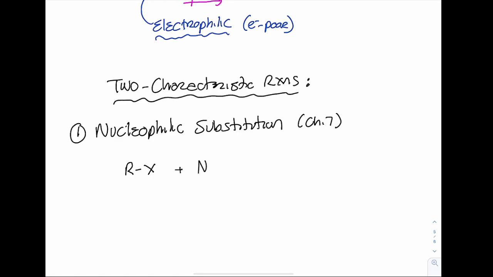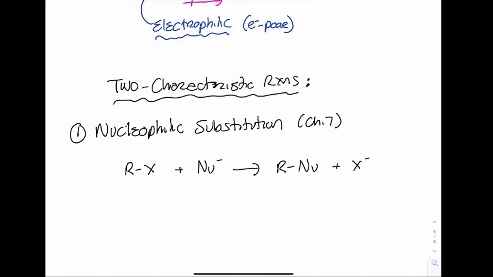I'm going to add some sort of nucleophile to it, and we're going to substitute the halogen for that nucleophile. So I'm going to have a carbon-nucleophile bond, and then that halogen will be by itself. So remember, we're breaking a sigma bond, we're forming a new sigma bond with a substitution reaction.